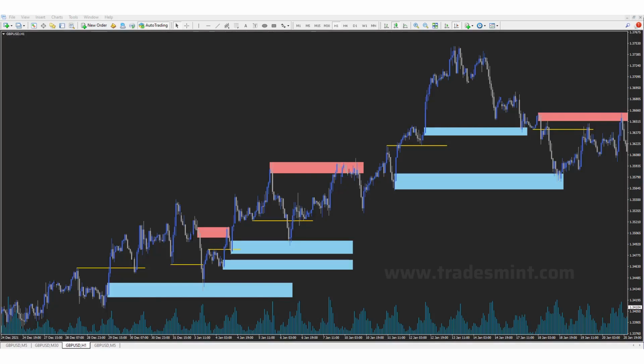Supply and demand. What is this? For me, these are zones where I believe very big orders were placed in the past, and if I see that the current price action is going there, very close to the drawn zone, that the actual traders, the biggest guys, also want to put some large limit orders there.